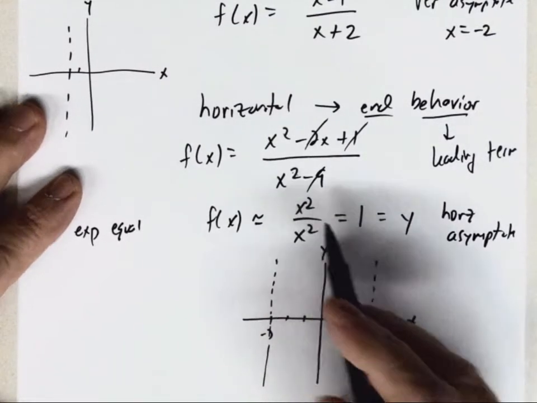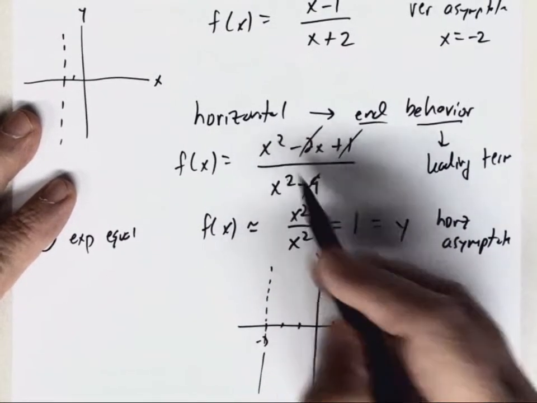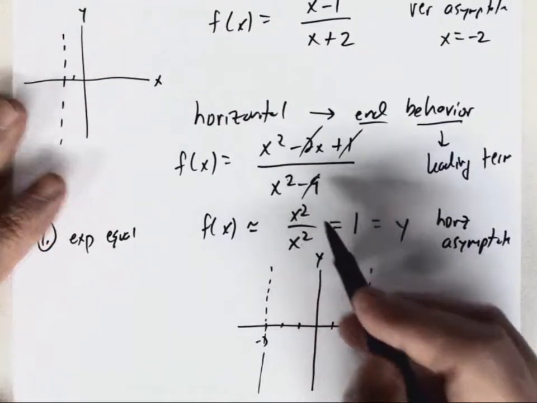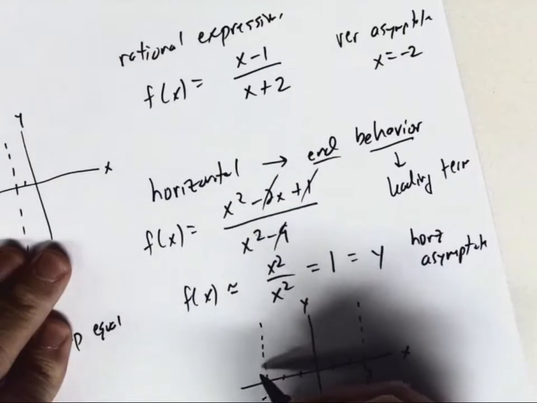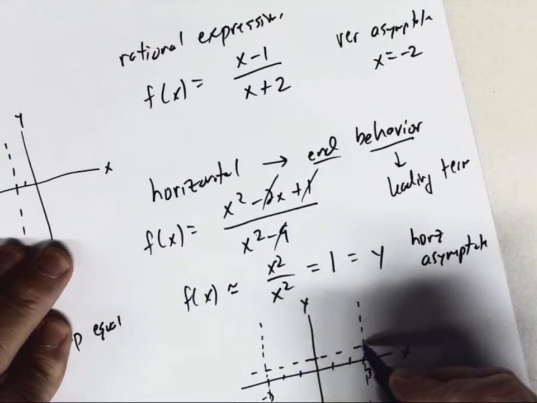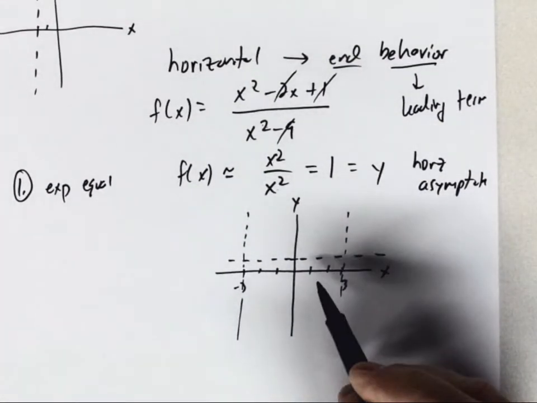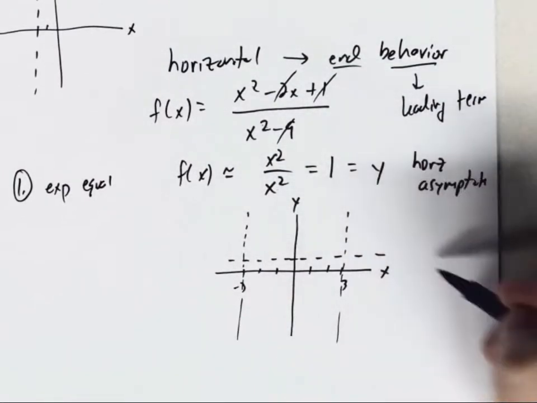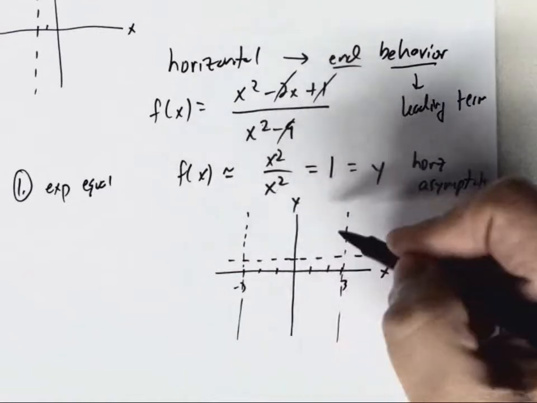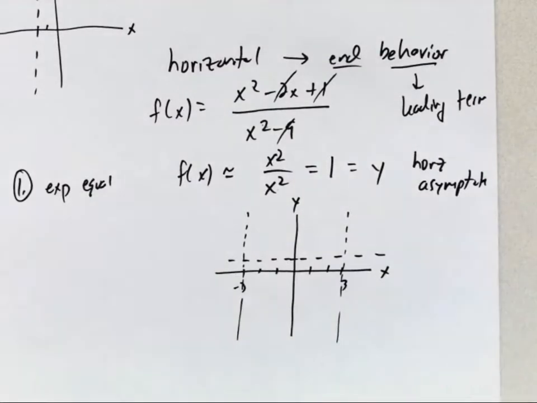And then based upon this, once again, when I reduced and only kept my leading terms and compared those, because they had the same variable, they canceled out, and I would have a horizontal asymptote of 1. So if I were to try and graph this thing, I would have maybe 3 different pieces to this graph. Something in the middle, something on the right, something on the left. You can end up with some pretty funky looking graphs.